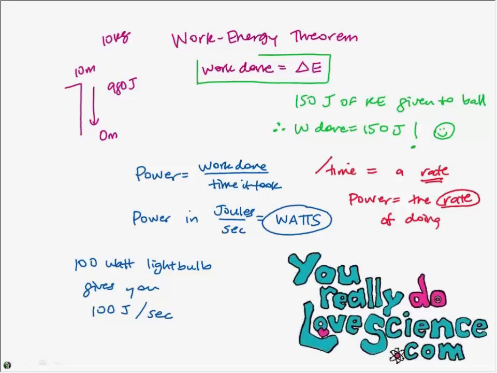Or you could say the rate of transfer of energy. So it's either the rate of doing work or the rate of transferring energy. You with me so far? It's how fast the work is done.